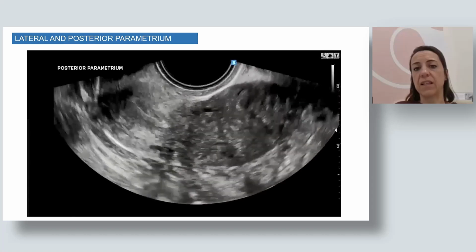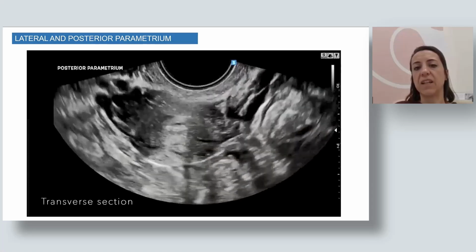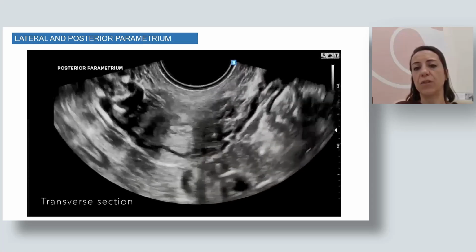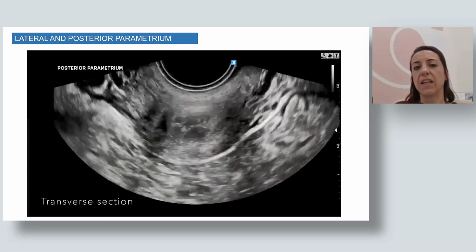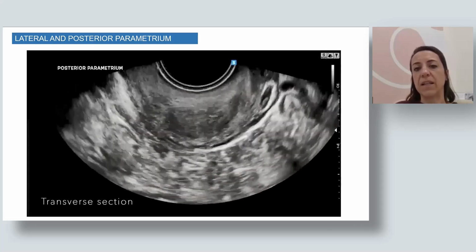Again, this is the uterus, cervix. We can obtain a transversal section of the cervix, and here on the right, behind the uterine vessels, and on the left, we can assess the ligaments.